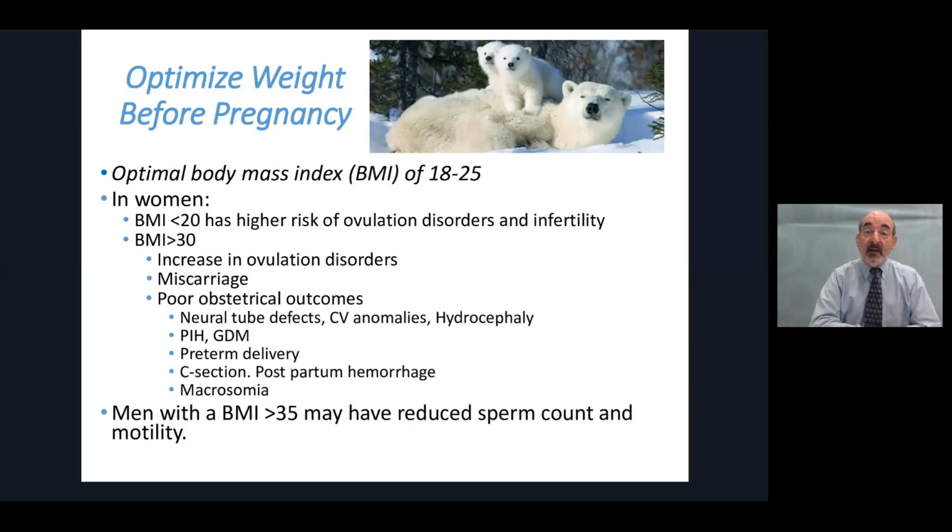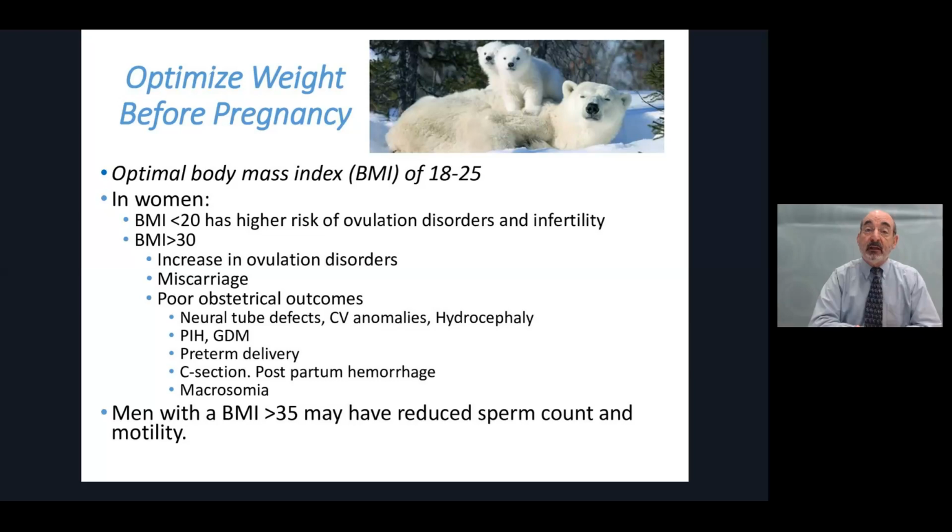We know that body weight and body mass can have influence, especially for women. In women who are very thin, of body mass under 18.5 especially, those women often have greater risk of lack of ovulation, irregular ovulation, or ovulatory problems. And in women with body masses that are considered obese, more than 30, and especially beyond 35, again, we begin to see ovulatory issues, lack of regular ovulation, or quality of timing of ovulation.